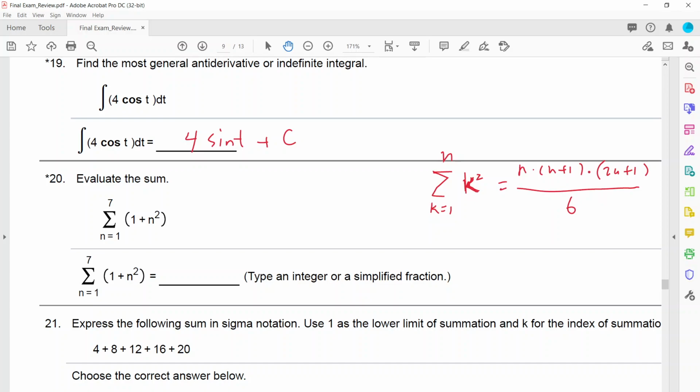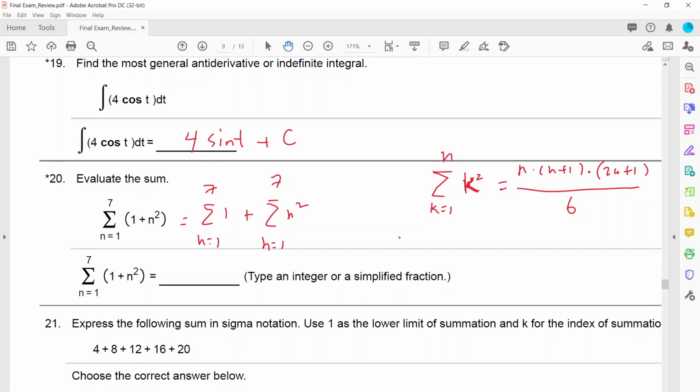This is the formula you can apply to calculate this value, and this is actually the sum of 1 plus the sum of k squared. To calculate this one, you can use this formula. Here n is 7, so 7 times 7 plus 1 times 2 times 7 plus 1 divided by 6.